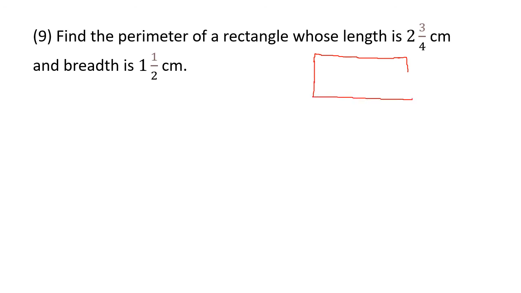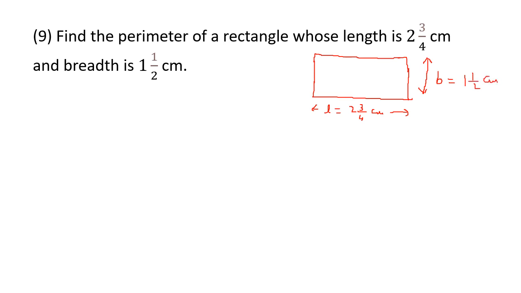You can do without a diagram as well because there is a formula, but it's better to draw. So the length is equal to 2 whole 3 by 4 centimeter, and in this case the breadth, that is b, equals 1 whole and 1 by 2 centimeter, right?